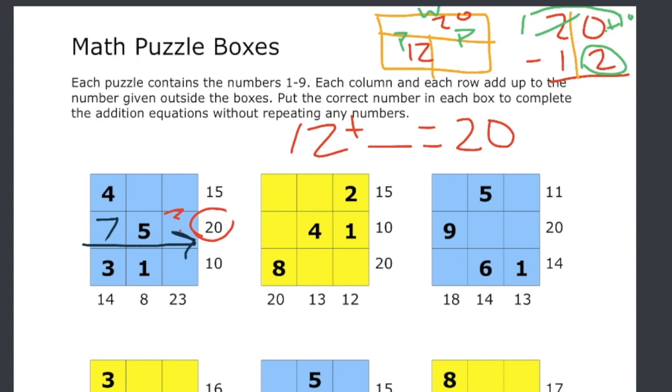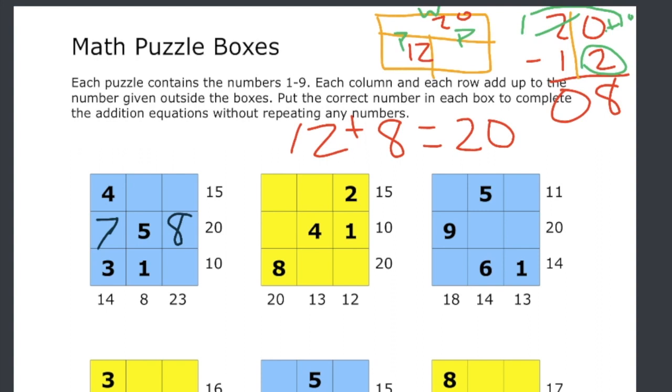So now our bigger number is at the top. 10 minus 2 is 8. And 1 minus 1 is 0. So we know our missing number is 8. All right, so we can erase that and put in the number 8.